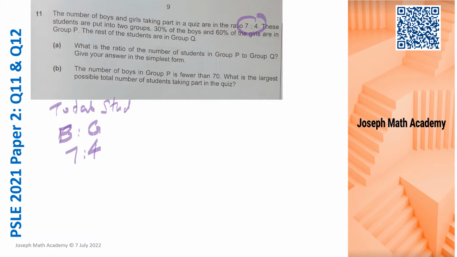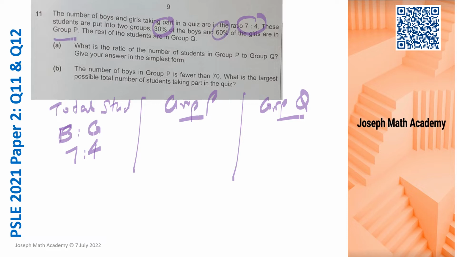Now the students are put into two groups. So I'm going to split this up into group P and group Q. Now they told us that 30% of the boys and 60% of the girls are in group P. Now if you have been following my video, I normally do not work with percentage.